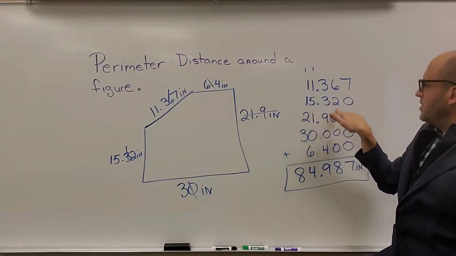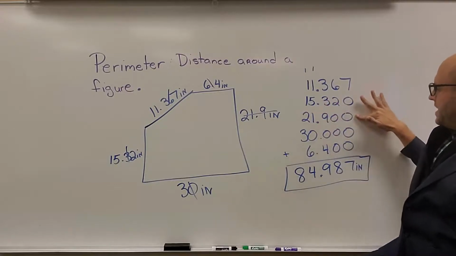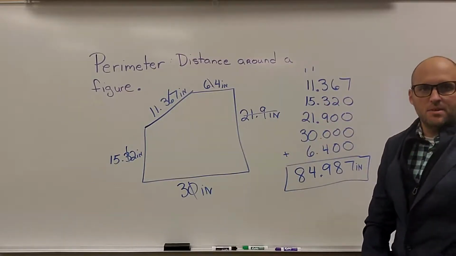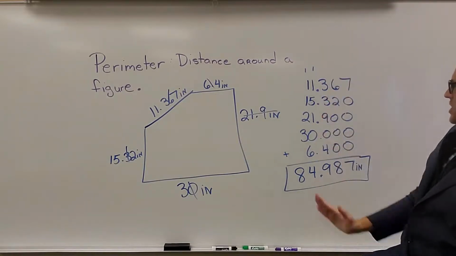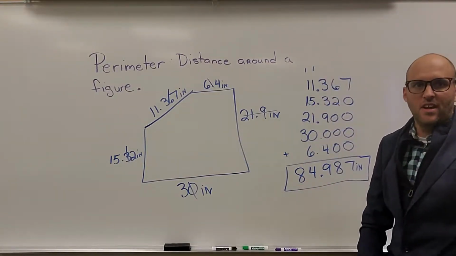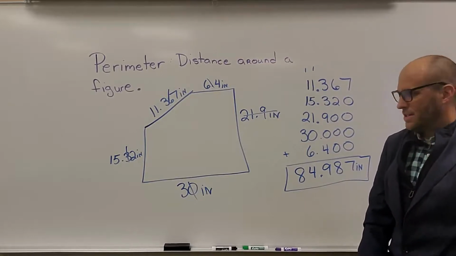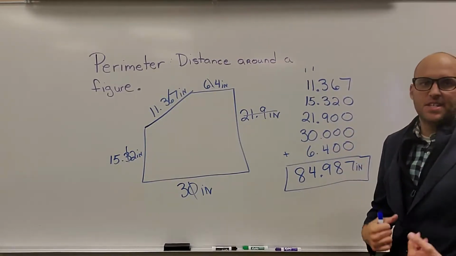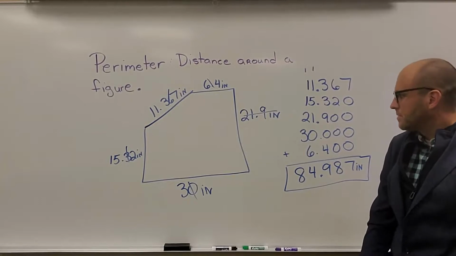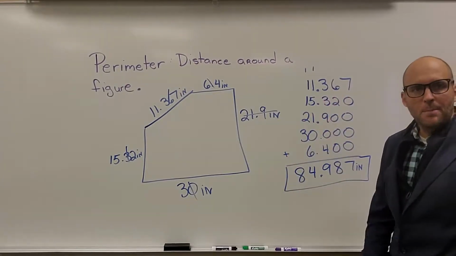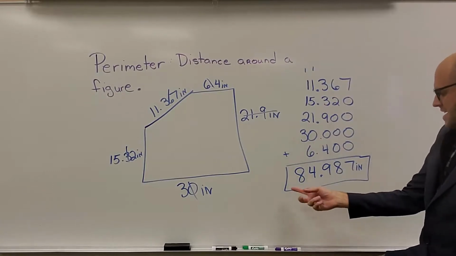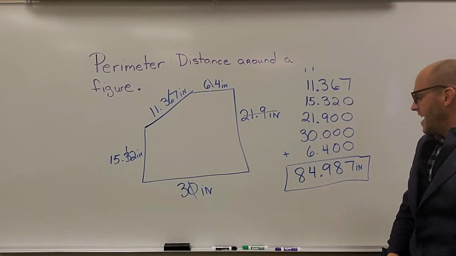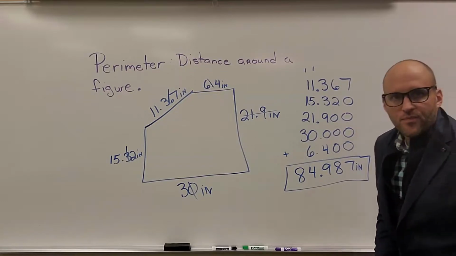Then I find the hundredths, and I put zeros at the end of these numbers, so that every place value and digit lines up evenly, just like when adding decimals, so we don't get confused when we're adding. You can add a couple numbers at a time if you want, but if you do it this way, I added all 5 and ended up with 84 and 987 thousandths of an inch.